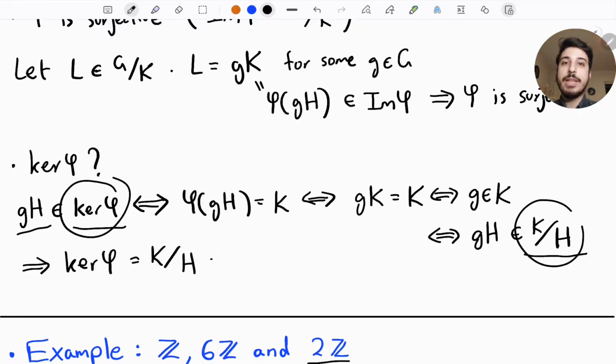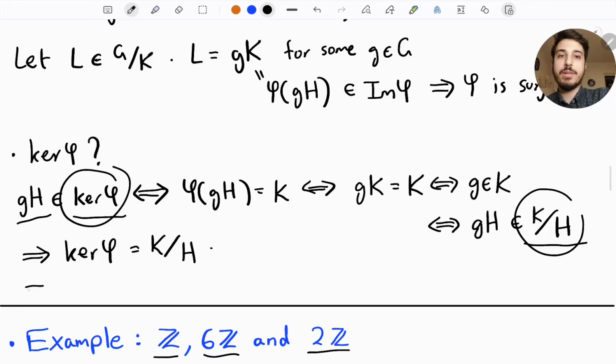So we have just completed all of our necessary criteria in using the first isomorphism theorem.